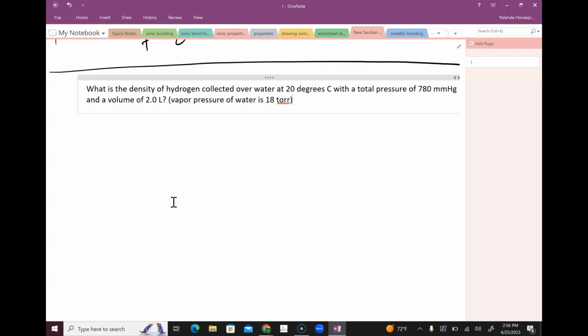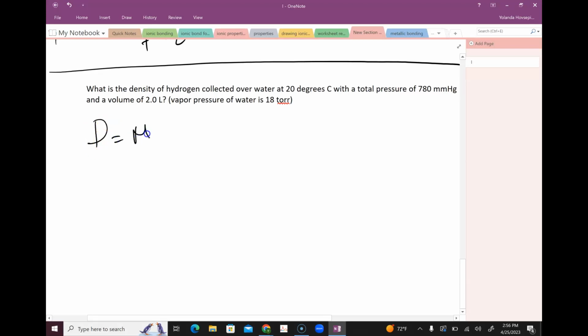So here's what we have. The formula for density is MP over RT. So it's density we're looking for, but we know this hydrogen is collected over water at 20 degrees. So 20 degrees just tells me temperature. R I already know. Pressure is what I'm going to find now.